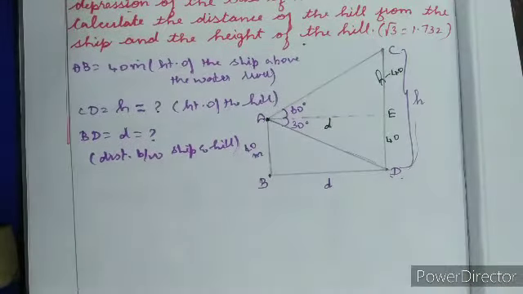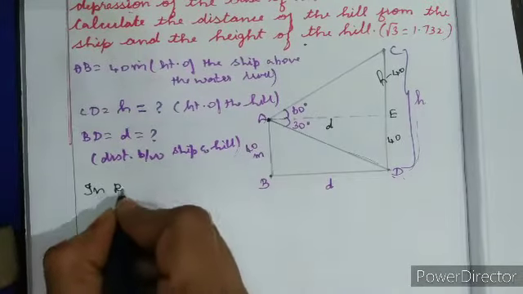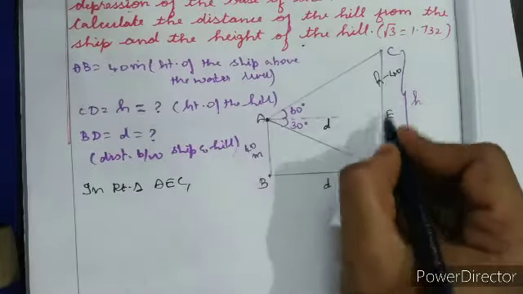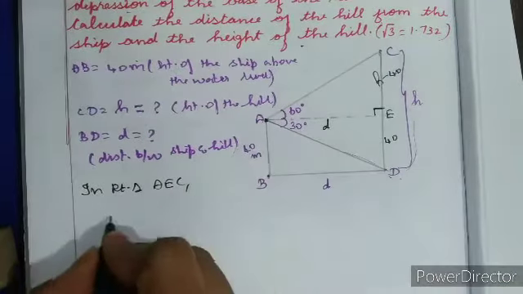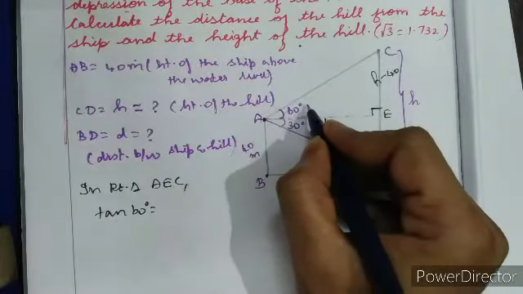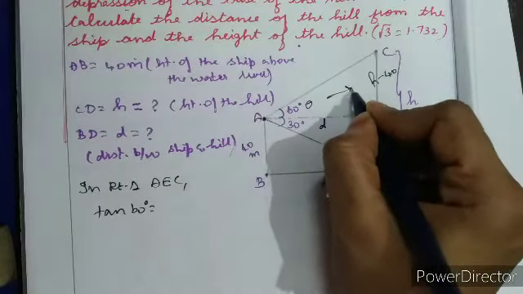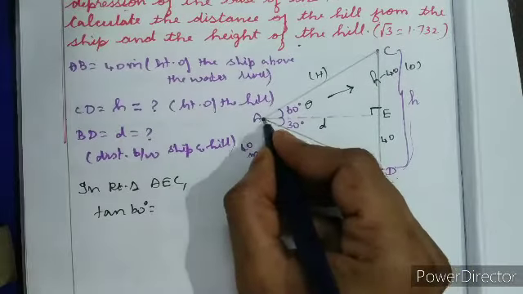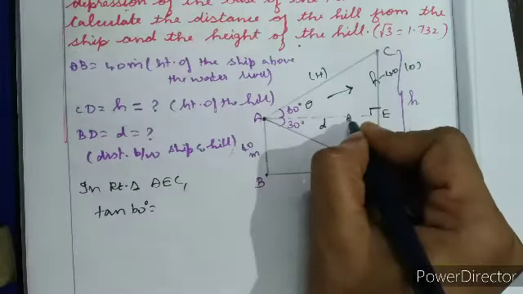Okay. Here in right triangle AEC, which is right angled at E, the value we are going to find is tan 60. This is my theta value. Opposite to theta is the opposite side, this is the hypotenuse, and the side along the angle is the adjacent side.